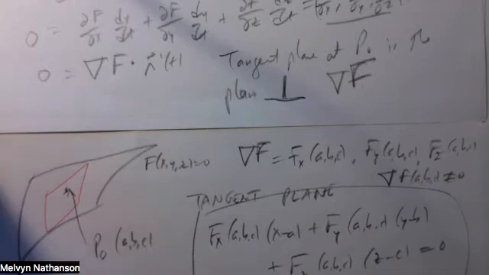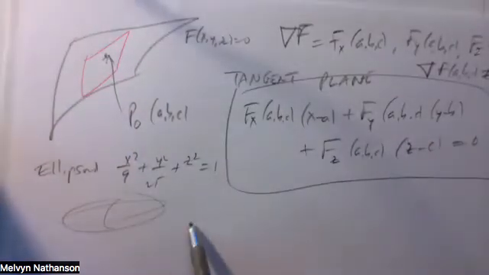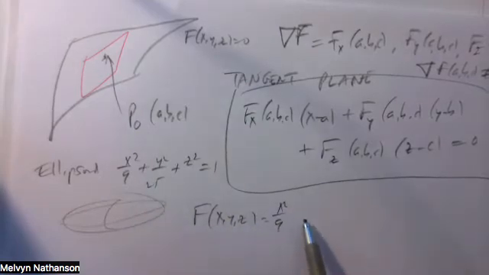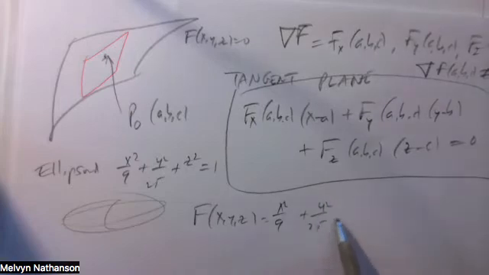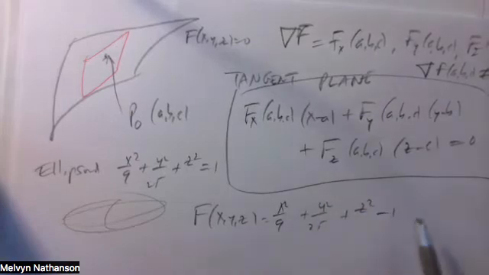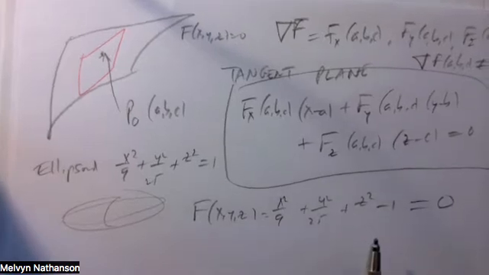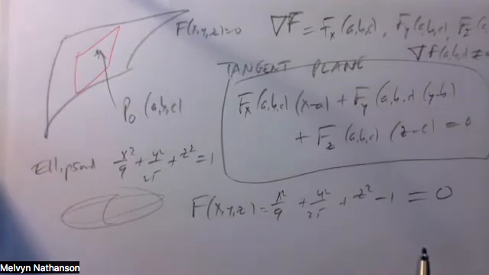Or we would write this better like this. We have the function capital F of x, y, z equals x squared over 9 plus y squared over 25 plus z squared minus 1. And we're looking at the level surface where capital F of x, y, z equals 0.